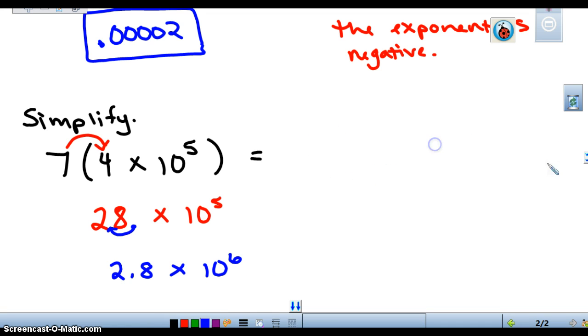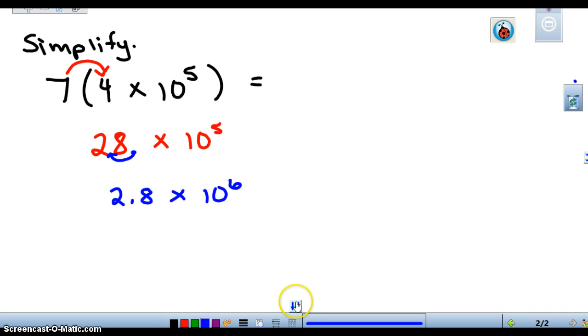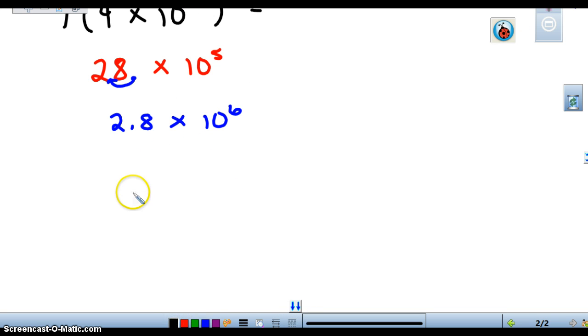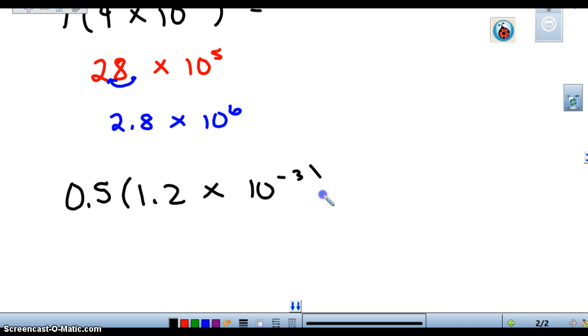Let's try this again. Let's say we have to multiply 0.5 times 1.2 times 10 to the negative third power. What do we have to do here? 0.5 times 1.2 is 0.6 times 10 to the negative third power.